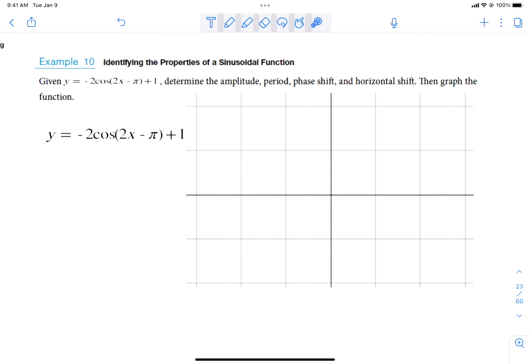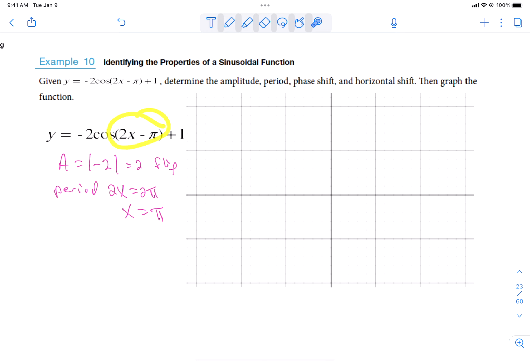One more. Let's go through everything. So the amplitude is the absolute value of -2, or 2, and then the period. We're going to set just the x term alone, not the whole parenthesis, equal to 2 pi, and we're going to solve.